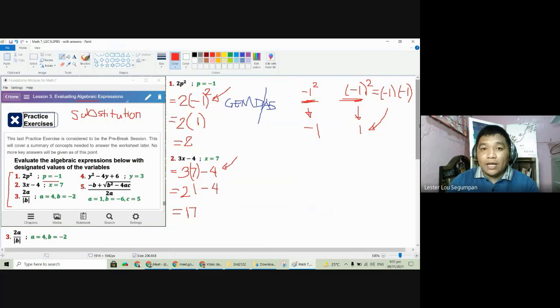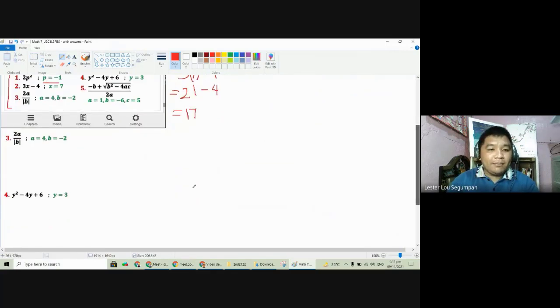I'm also talking about other concepts when we proceed to number 3, because as you can see, in number 3, the denominator of our expression has this symbol here. That symbol is for the absolute value notation, also discussed in the previous grading. But you don't need to worry about that one.